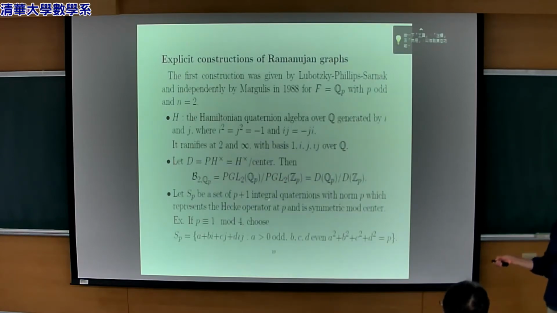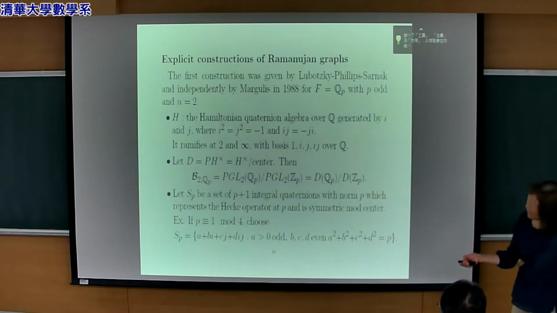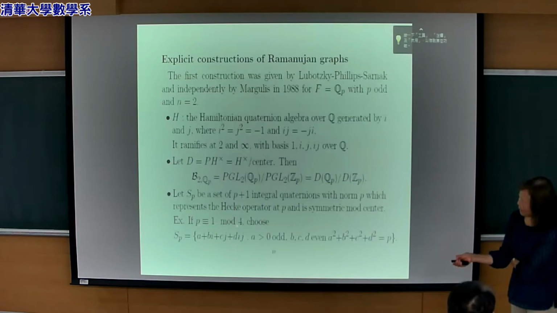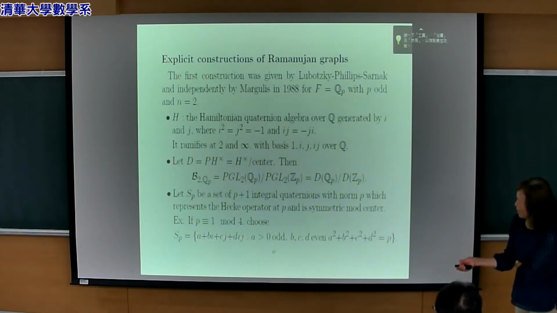In this case, we take a set of p+1 integral quaternions with norm p, which represents the Hecke operator at p, and it's a symmetric generating set. Let me give you an example. If p is congruent to 1 mod 4, you choose this set, which will be the integral linear combinations of 1, i, j, and ij.